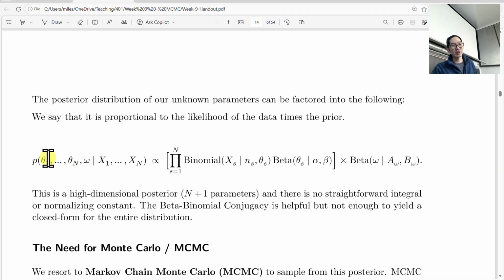So this is the distribution that we want. We want this to be proportional to whatever this multiplies out to be, a binomial times a beta times a different beta with a hyperprior and all of this. This is the thing that we want, but how do we generate values from this? It feels hard.